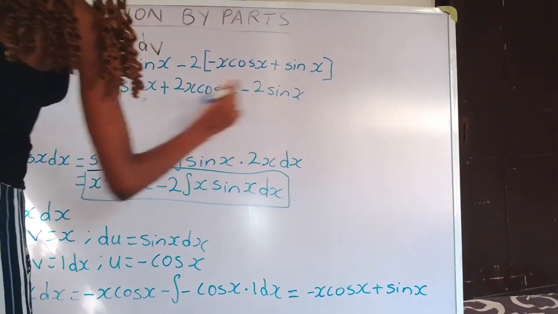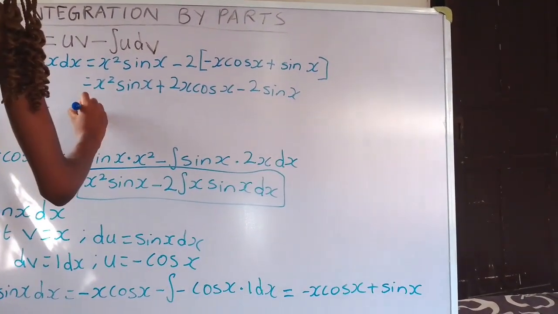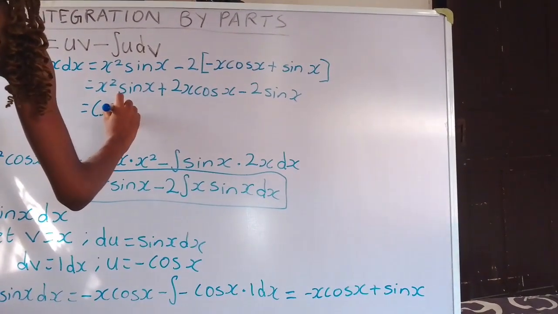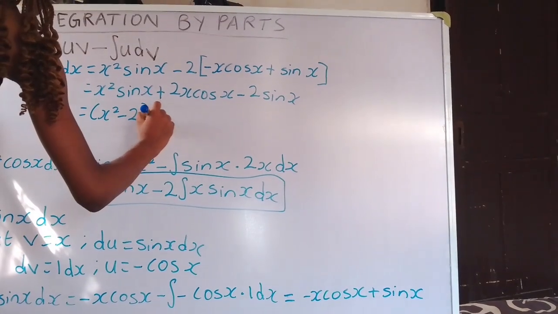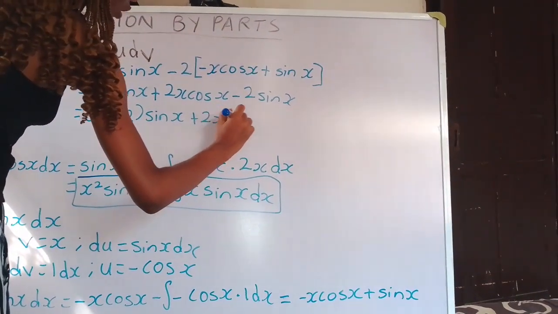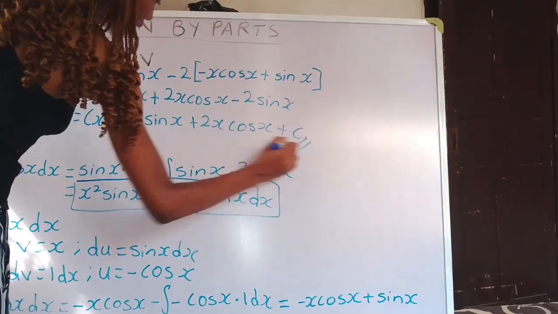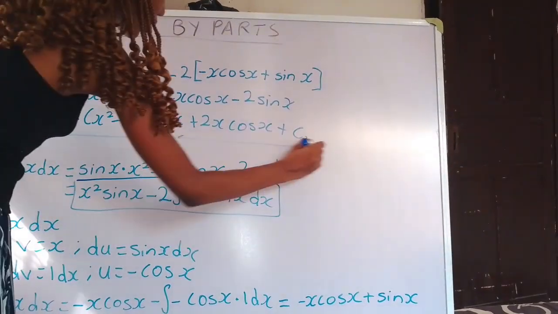Now sine x is common to these two, so we can bring them together and say this will now be x squared minus 2 sine x plus 2x cos x plus c, and this is our final integral. Alright, I hope with these 3 examples we've been able to understand to a great extent integration by parts.